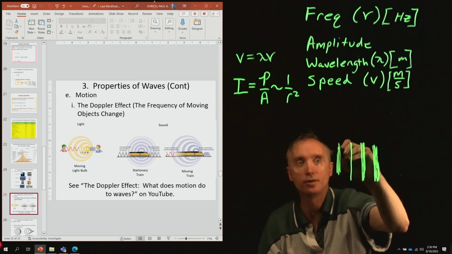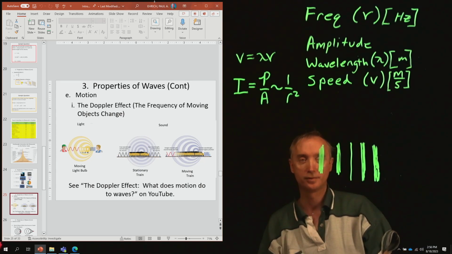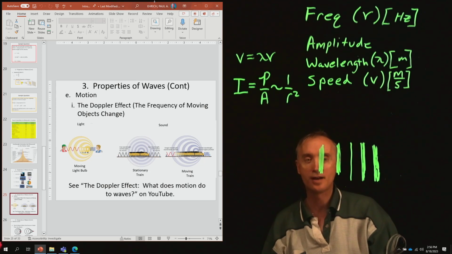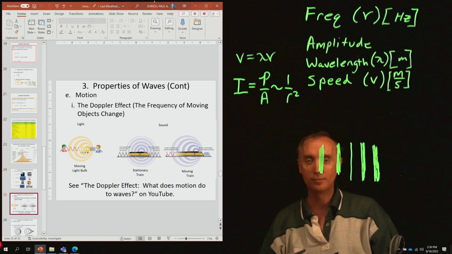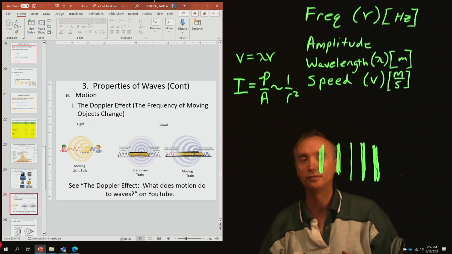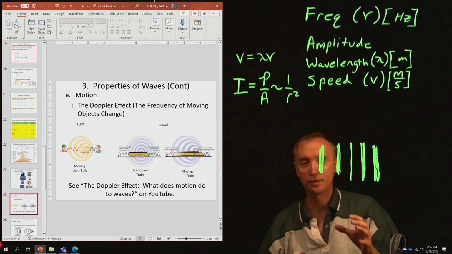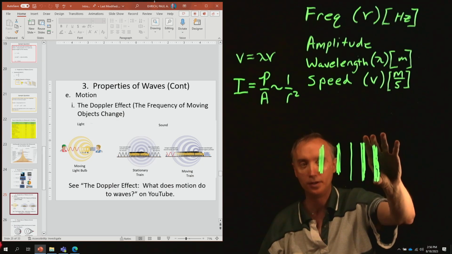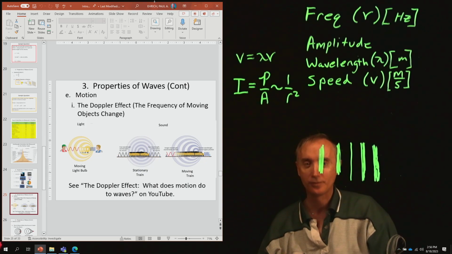So this is the shirt that Sheldon was wearing when he was describing what the Doppler effect was. Okay, he was dressed as the Doppler effect. So this was an episode of the Big Bang Theory, their Halloween episode, and he was dressed as the Doppler effect. It didn't show the back of his shirt, but the back of his shirt would have had very big stripes. So let's see if we can understand why it looked like that.